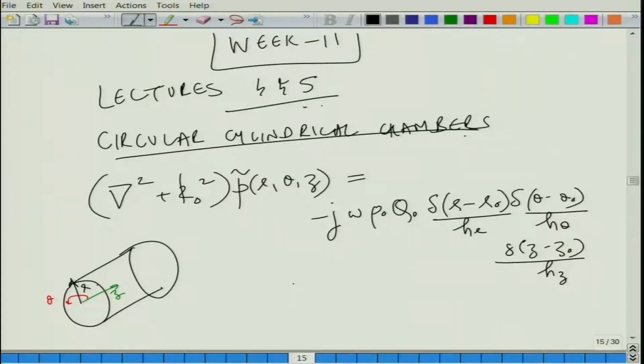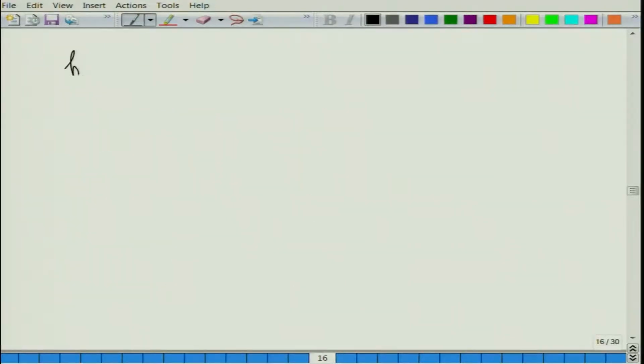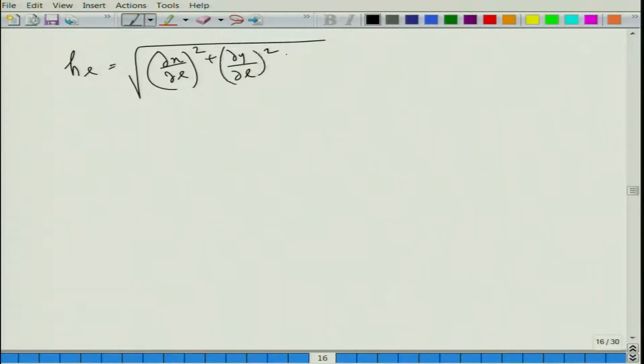I think we did something regarding the scale factors a long time back in week 2. So, this is given by the following. For the 2D system, z will obviously not be there, because mind you, x is equal to r cos theta, y is equal to r sin theta. So, here you have r, theta, x and y.